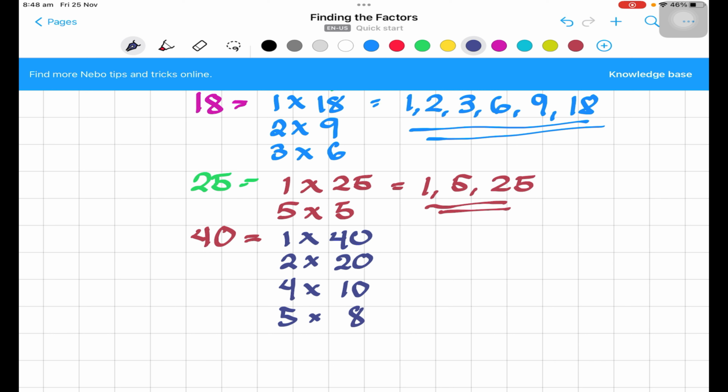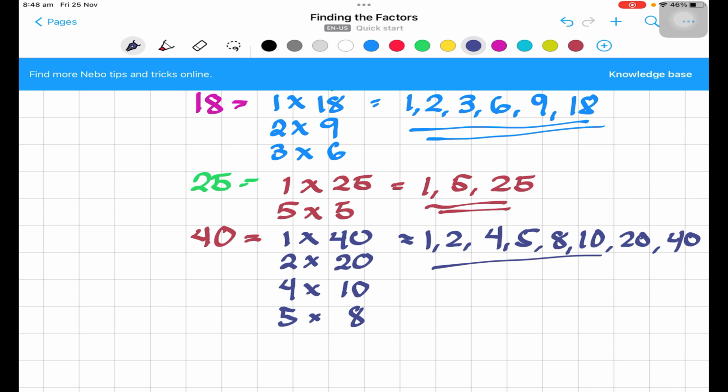Are there any other numbers multiplied together to get 40? If none, the factors are 1, 2, 4, 5, 8, 10, 20, and 40. So these are the factors of 40.